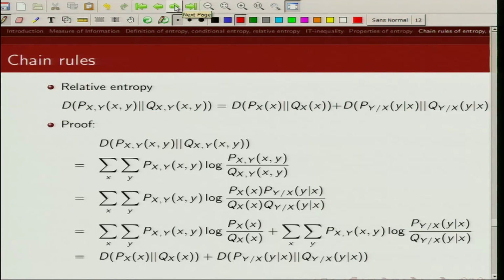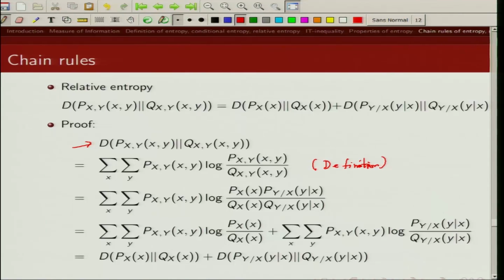Again, the proof is straightforward. What we do first is, from the definition of divergence, we write the expression for divergence between these two probability distributions, p of xy and q of xy. So this follows from the definition.